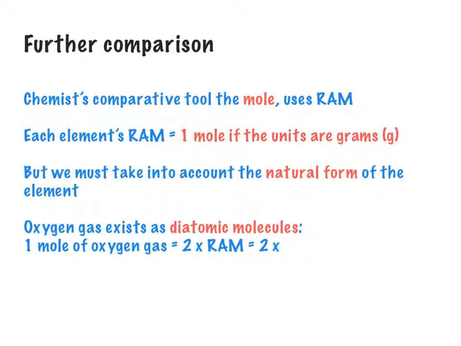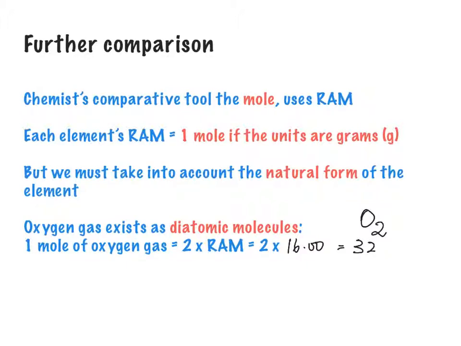Let's look at the obvious one here, oxygen gas. Oxygen gas is obviously O2, the stuff we breathe, in other words 2 atoms of oxygen. So 1 mole of oxygen gas is 2 times the RAM, or 2 times 16.00 from my table, so it's going to be 32.